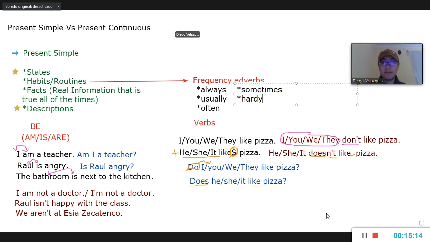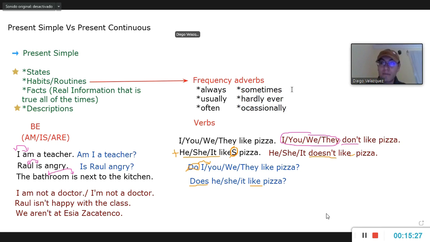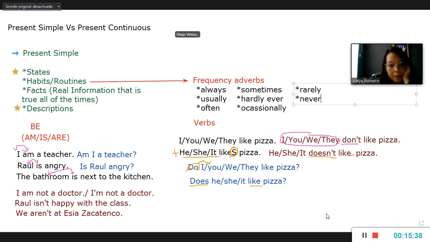Hardly ever, yes, of course. Occasionally. Occasionally, exactly. Rarely. Which other? Ever. Rarely? Yes. We have this other, rarely, never.